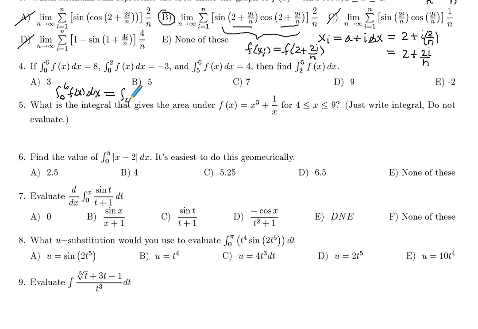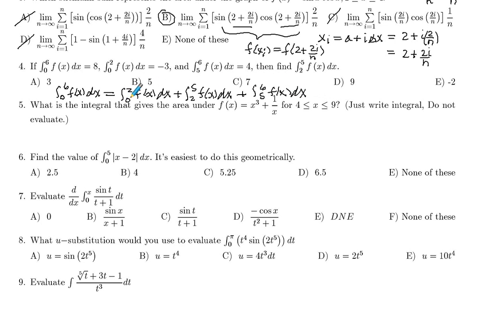So areas are additive. So this has got to equal the integral from 0 to 2 of f of x plus the integral from 2 to 5 of f of x plus the integral from 5 to 6. Those are our three pieces of f of x.